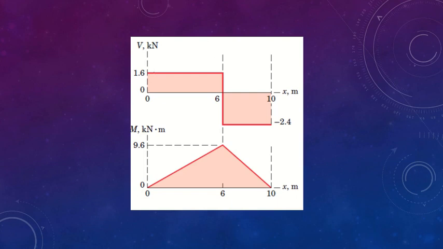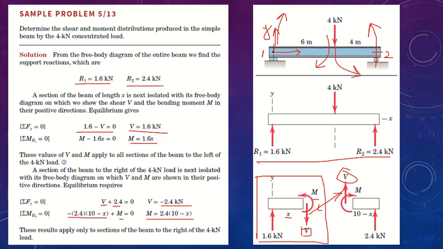As you can see, the moment is a function of x. It's a straight line, so up to a certain point, that is 6 meters, it will have a straight inclined moment. And after, if you look at the second equation with R2, this is a sloping moment. You can see that from 0 to 6 the line is going up as the moment is increasing, and from 6 to 10 the moment is going down. These two diagrams are derived from these equations.